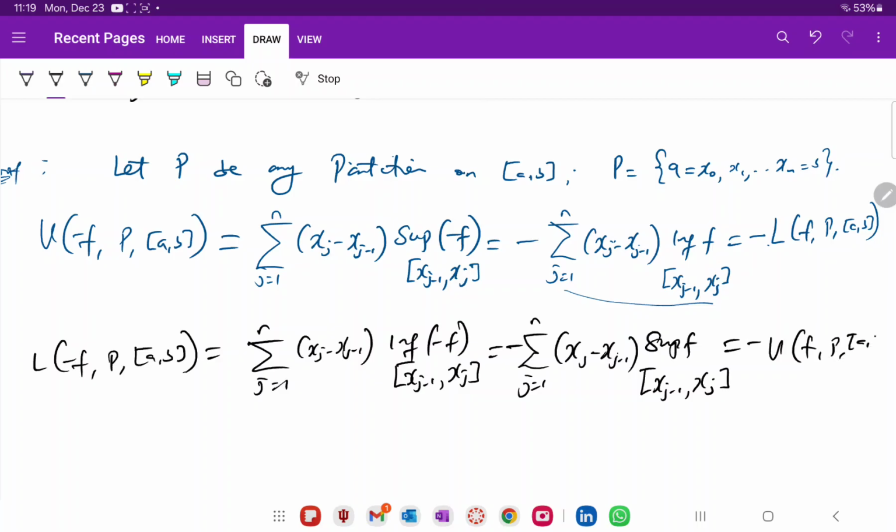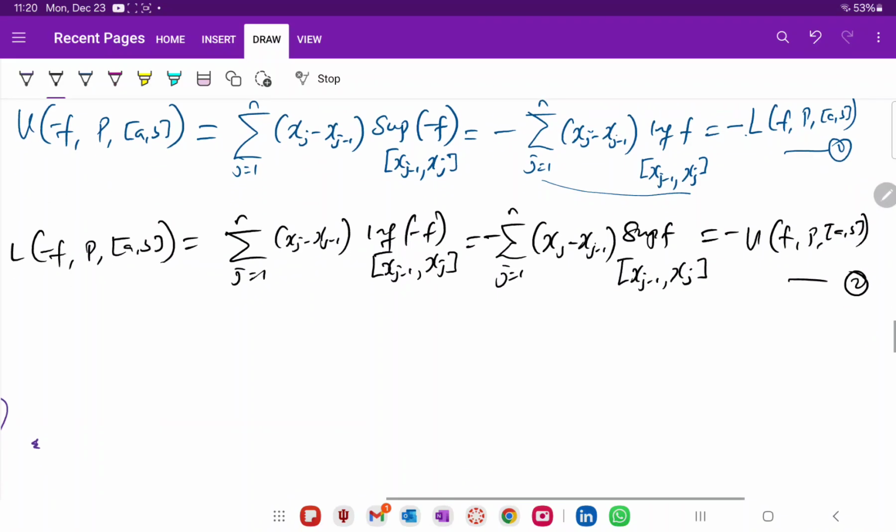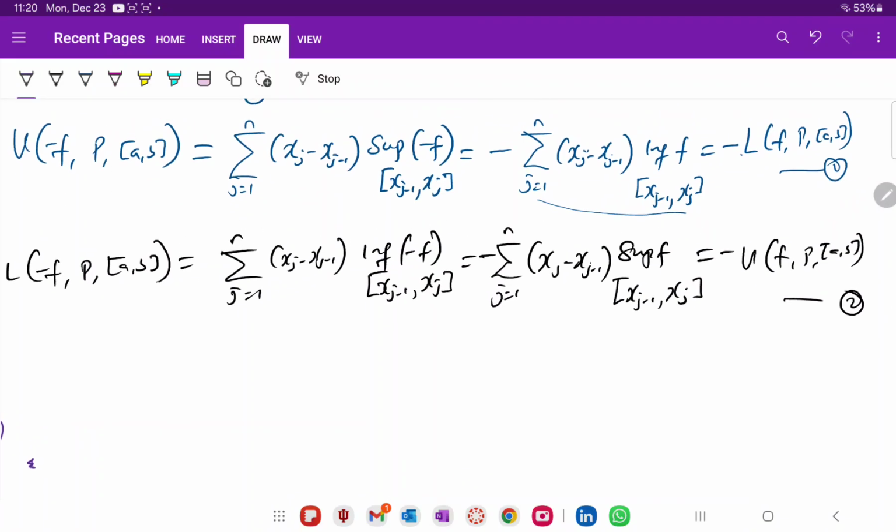So what next? We're almost done. Let's subtract these two. Let's call this one 1 and this one 2. One plus two will not give us a nice result, so let's do the subtraction, 1 minus 2.